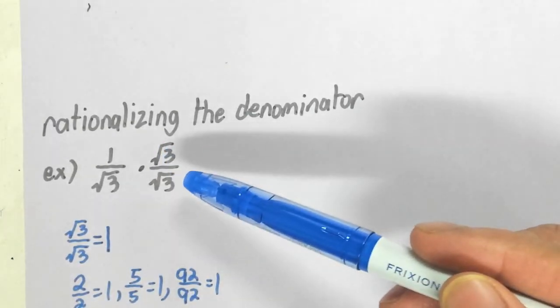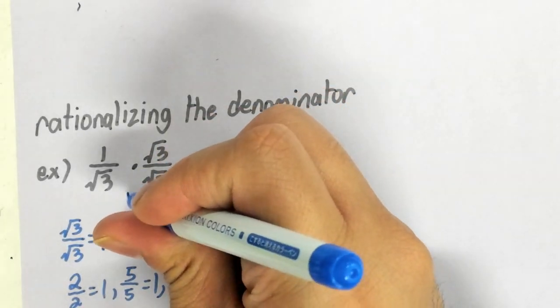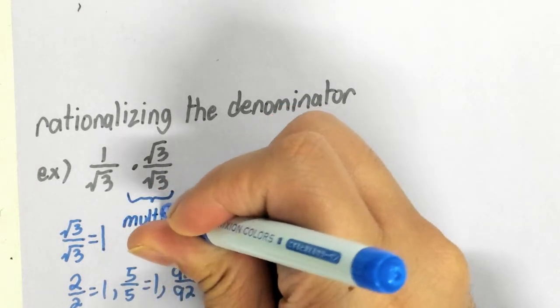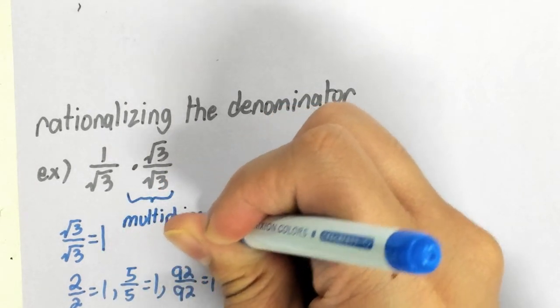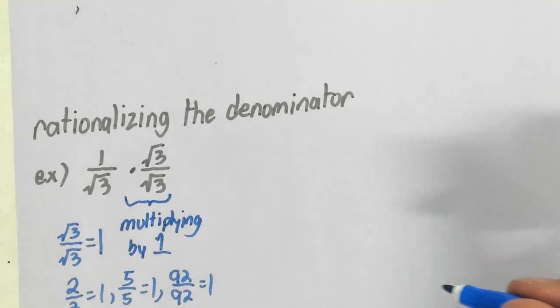So really, what we're doing here is multiplying by a 1.